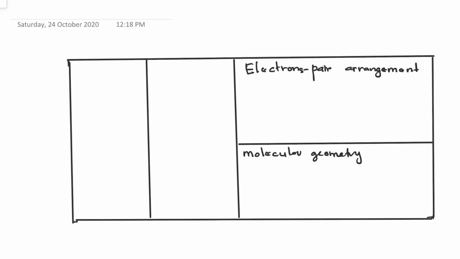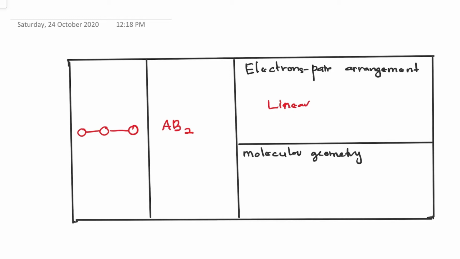So in this video, I would like to summarize what we learned this week, which is the molecular geometry and the bond angle. The basic molecular geometry, which is the simplest one, consists of one central atom and two bonding atoms. This is the general shape. The general formula is AB2. Because it has all bonding atoms, the electron pair arrangement is linear.